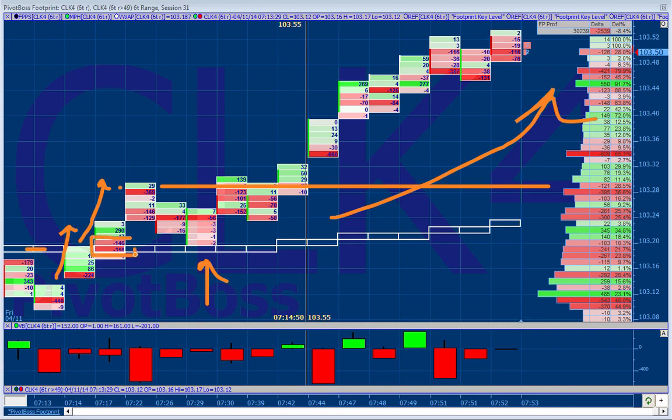That's VWAP. Look at those two blocks. That's nearly 500 contracts that sold at VWAP and one tick above VWAP. Those are aggressive sellers that came into the market, saying sell right now at this price. They hit the bid. 500 contracts came through at that price.